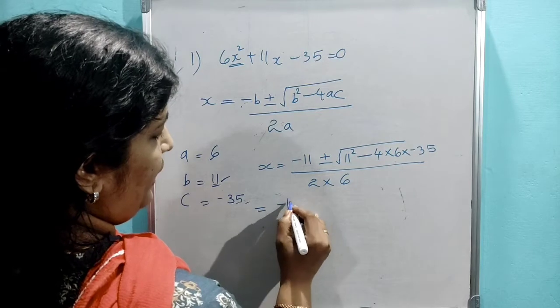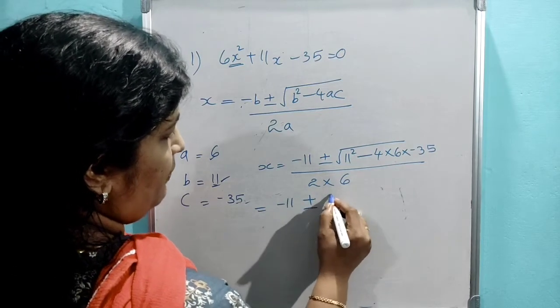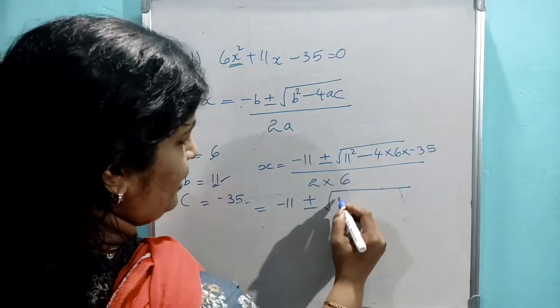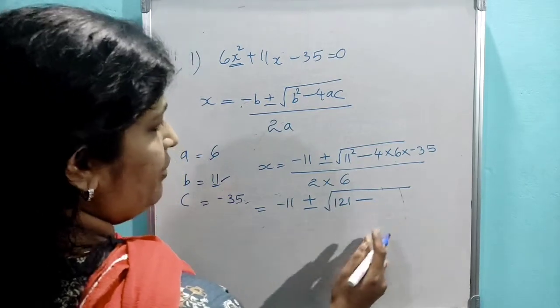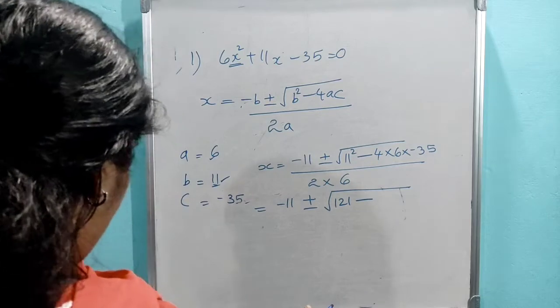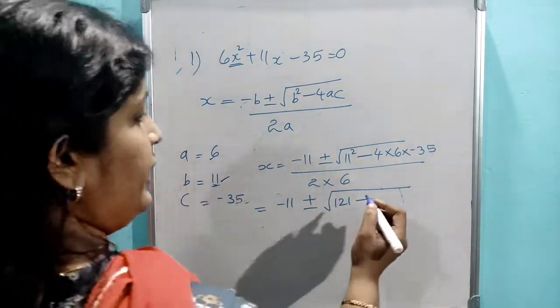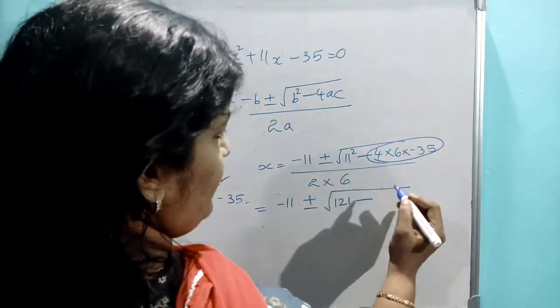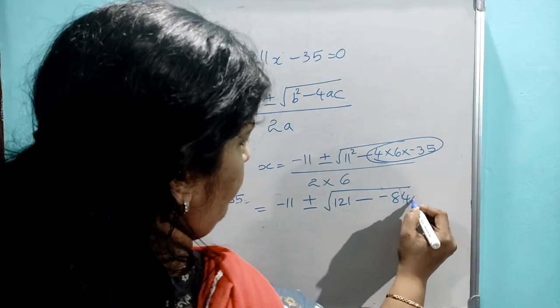So here we have minus 11 plus or minus root of 121 minus 4 into 6, which is 24, and 24 into 35 is 840, with a minus sign.